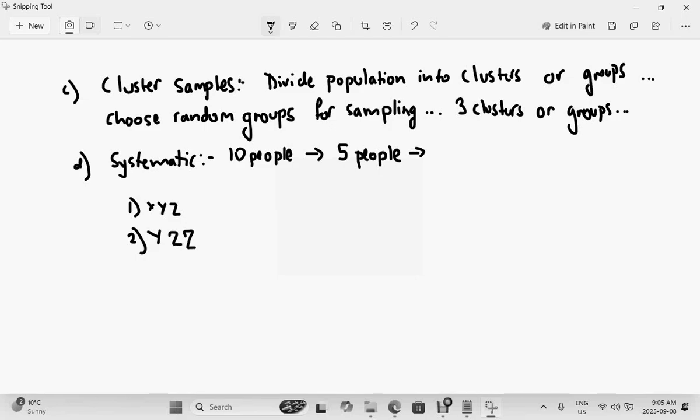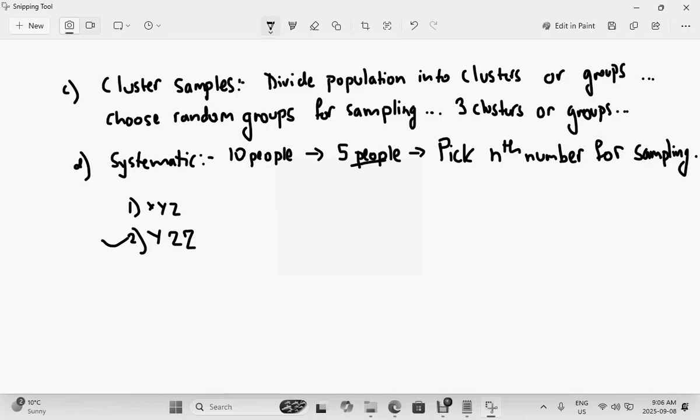And you will pick the second person out of those 10 people. That way you have 5 people, within a given population. So that would be systematic.